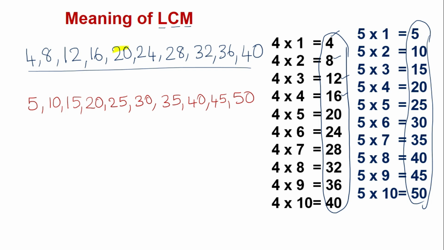Now if you look at the common multiples, I have 20, which is a common multiple for 4 and 5. I have 40 here, which is a common multiple. But LCM should be the least common multiple. So here the LCM of 4 and 5 is going to be 20.